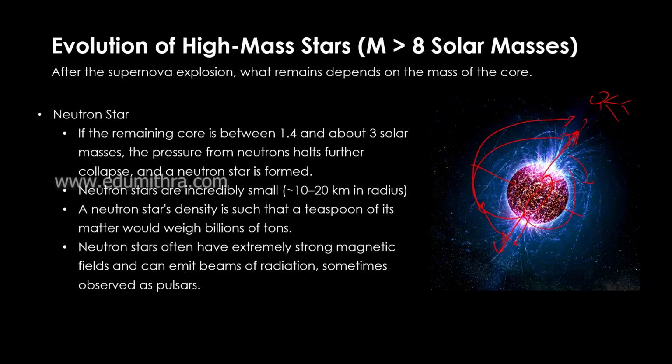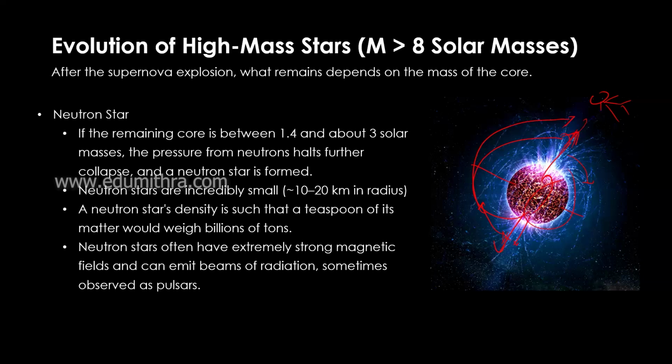Sir, then eventually all the stars will become a black hole or a white dwarf, sir? Eventually, stars will die for sure. It may become a black hole, may become a neutron star, and some of the low mass stars become a planetary nebula.